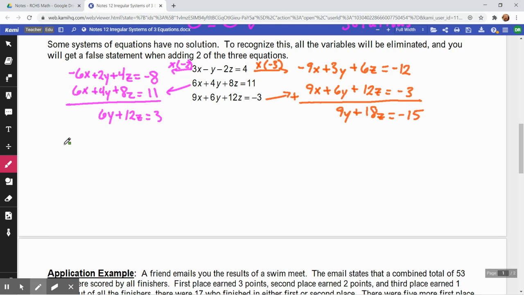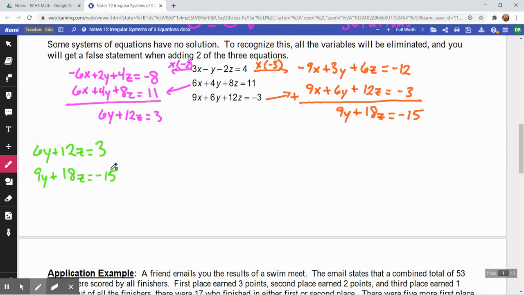And we have 6y plus 12z equals negative 3. Or sorry, equals positive 3. And 9y plus 18z equals negative 15. Okay, so this is set up for elimination again.